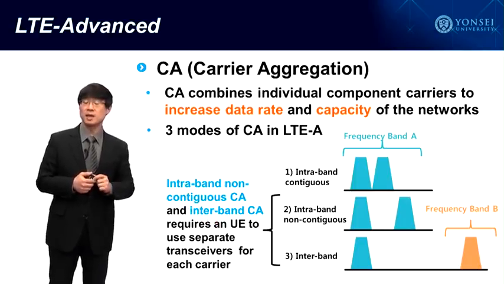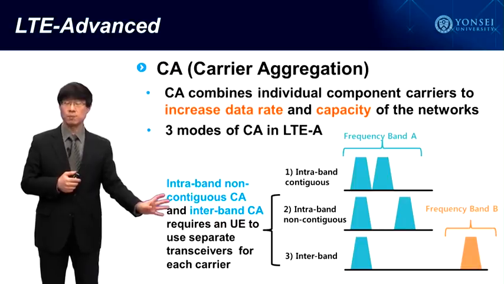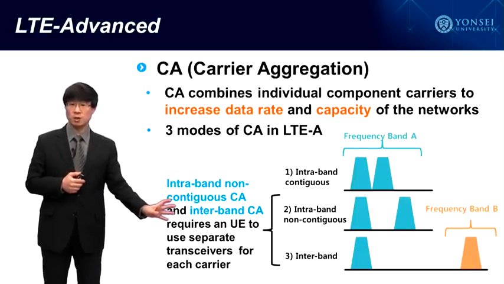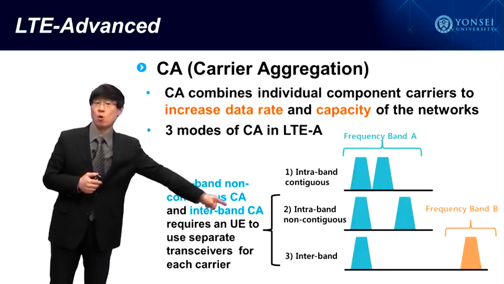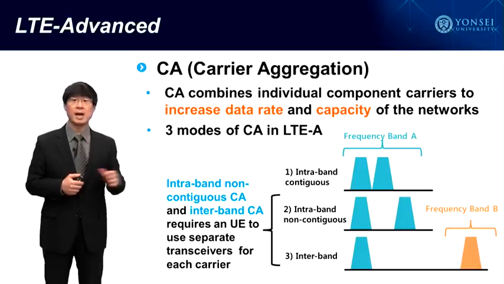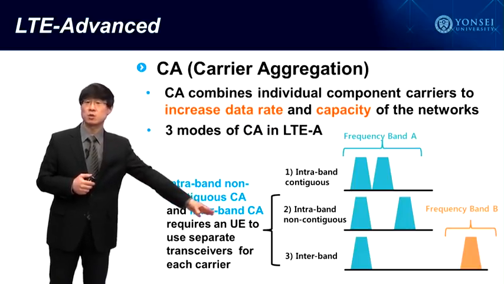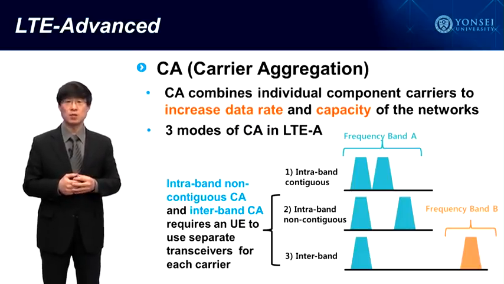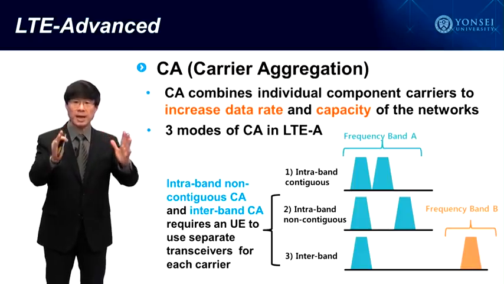There's a blue area that is the frequency part that is used, and I'm also going to use that orange area over there, which is in frequency band B. I use those two frequency bands to support the mobile communication services in a much broader band, high data rate way.